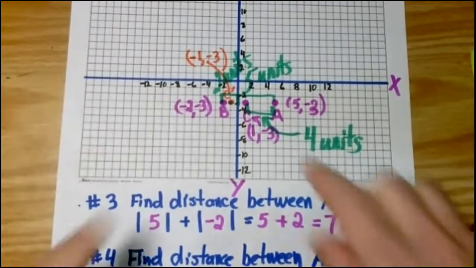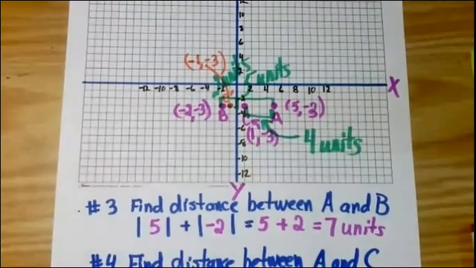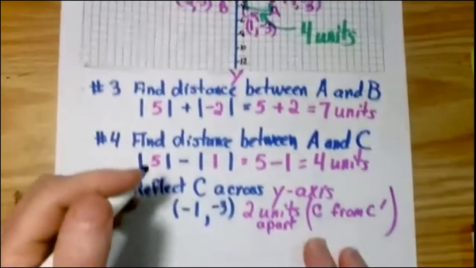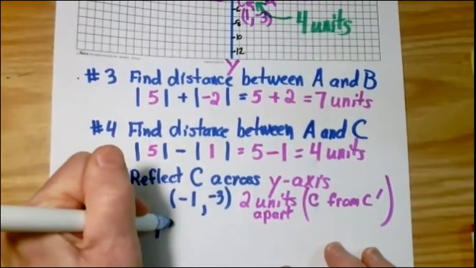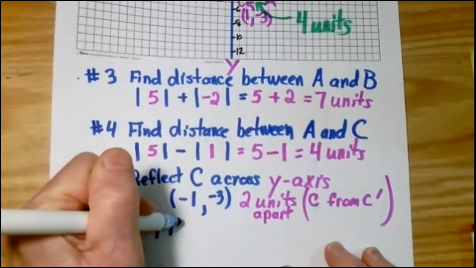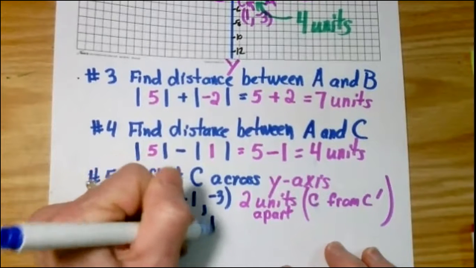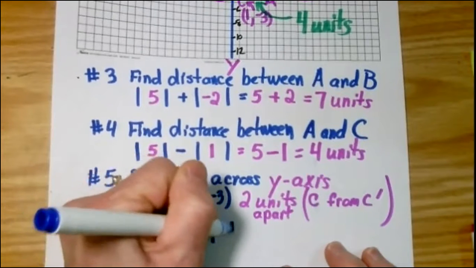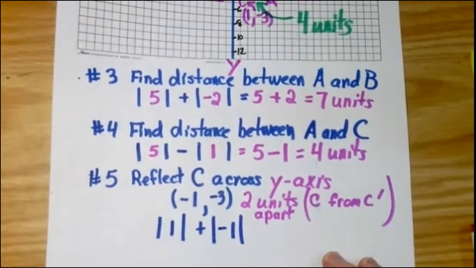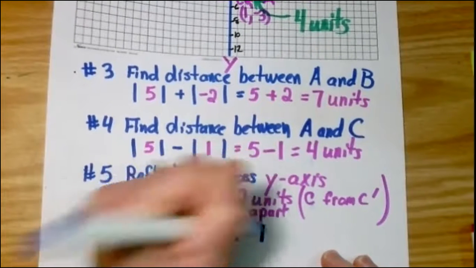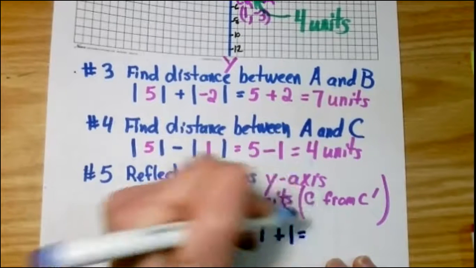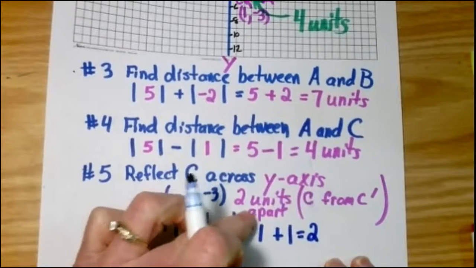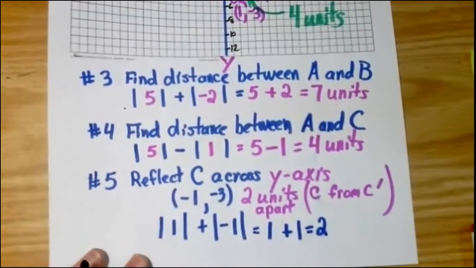So they're in separate quadrants, so we have to add their absolute values. So we're going to go down here and we have the absolute value of 1 plus the absolute value of -1, that equals 1 plus 1, because the absolute value of a negative is a positive, or 2 units. And that's what we got when we counted. I wanted to show you the formula.